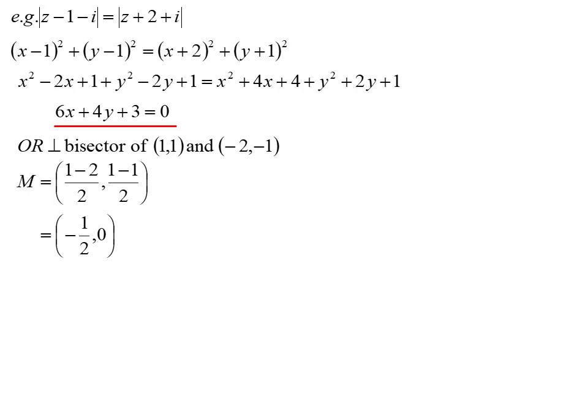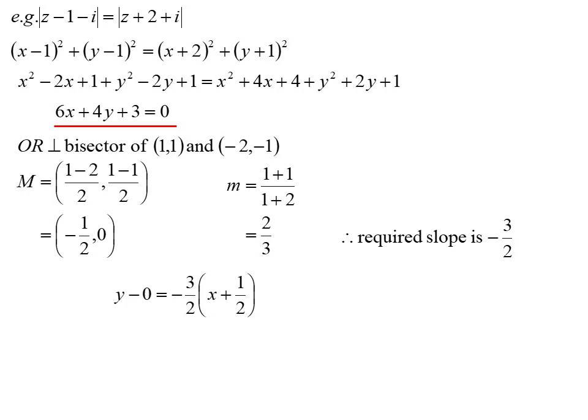So I can find that midpoint, negative 1/2, 0, and it's perpendicular to the line that joins those. So if I find the slope of the line joining these 2 points, 2/3, well, it's perpendicular to that. So the slope I want is negative 3 on 2. Put that into my point slope formula, playing around, we get the same equation.